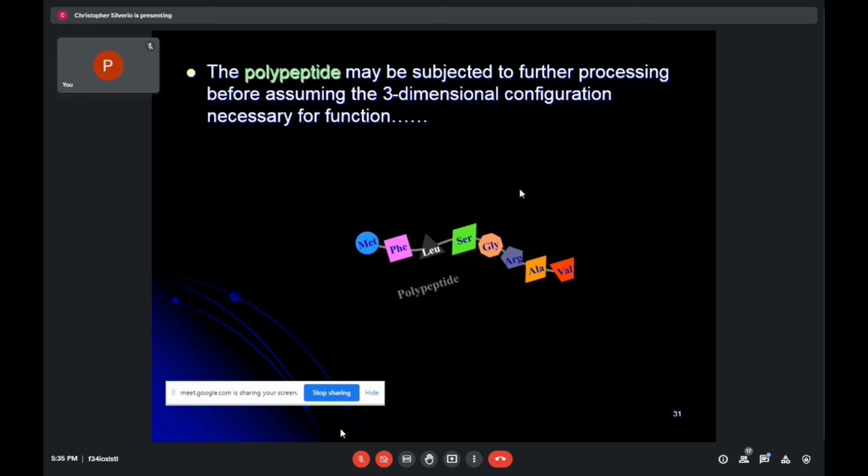So it will undergo further processing before assuming the three-dimensional configuration necessary for function.